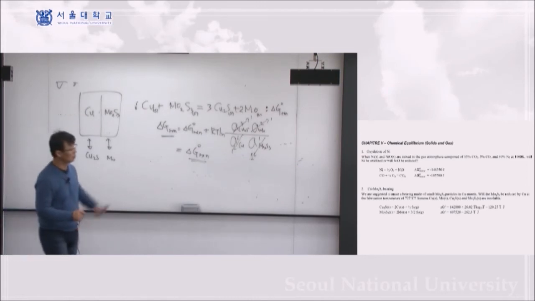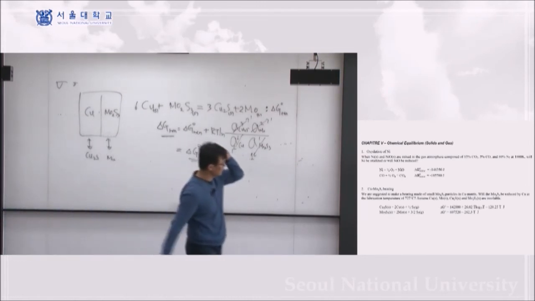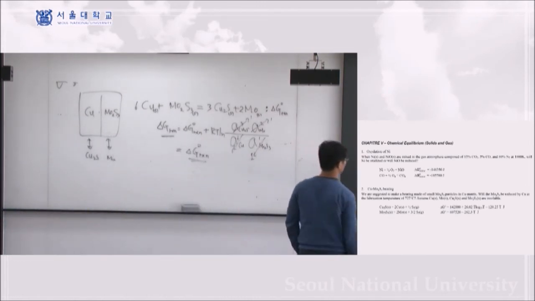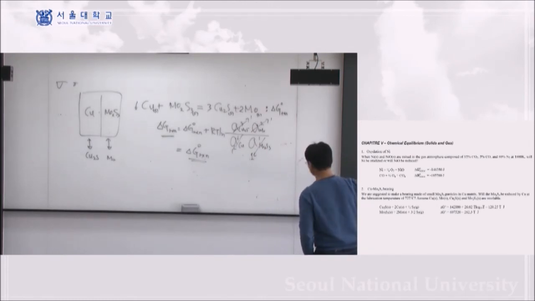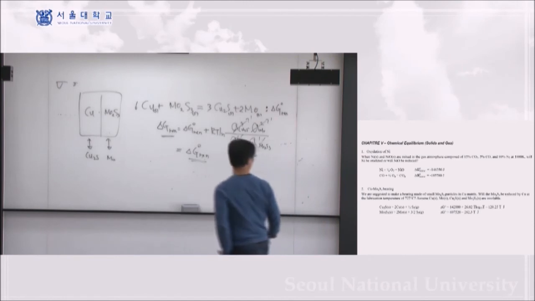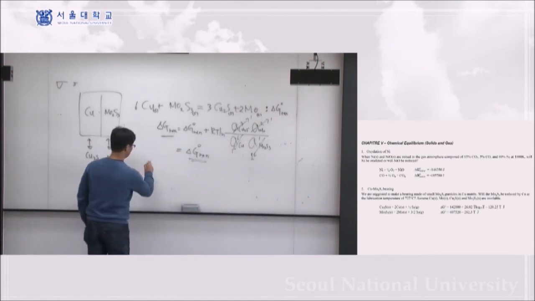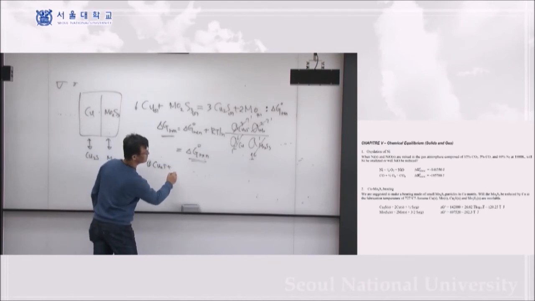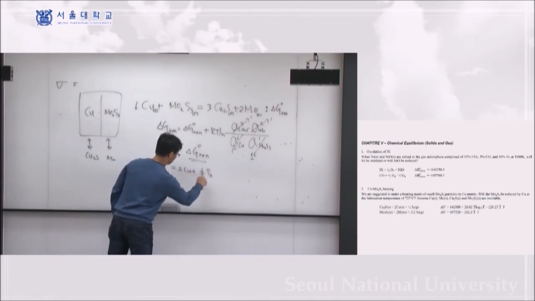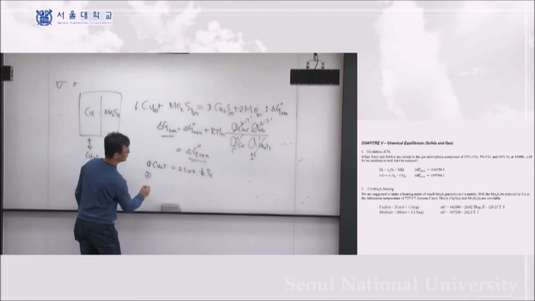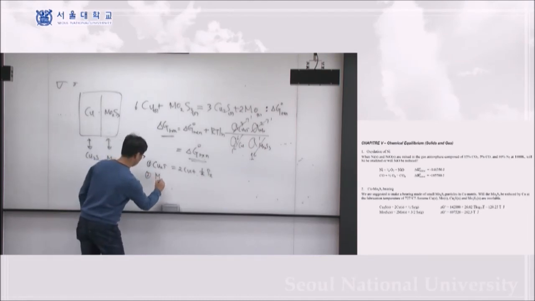Okay, so now let's look at it. Cu2S and Cu plus S2. I have that delta G naught, which is given at the temperature, yeah? So for the first reaction, I have this Cu2S, and for the second one, I have MO2S3.